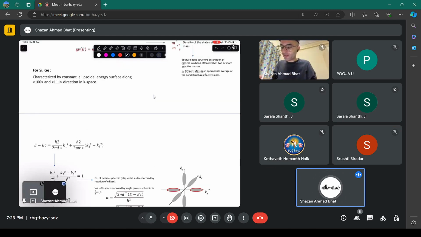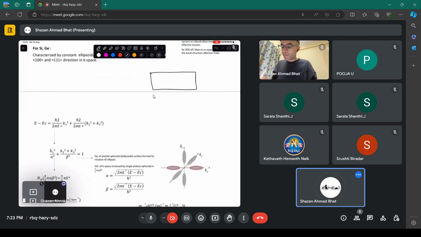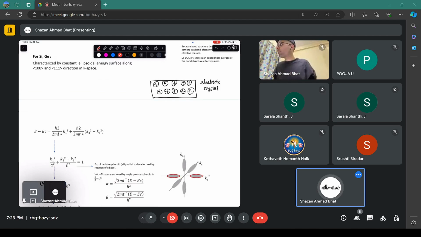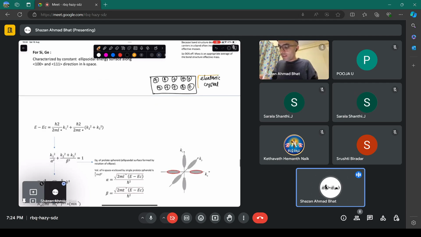You know what happens if you have a crystal, and let's say you have atoms. The concept of electronic band gap and optical band gap is similar, but they are not the same thing. This is an electronic crystal, just like what I was earlier defining. These are atoms and so on.